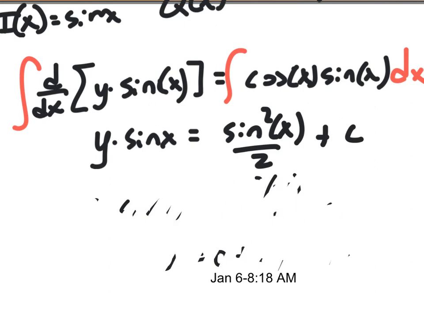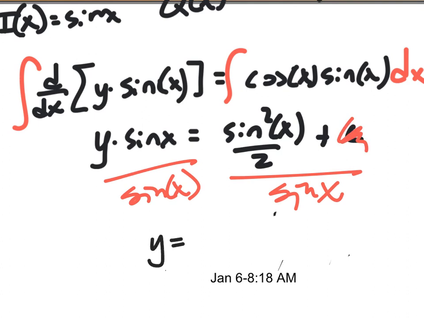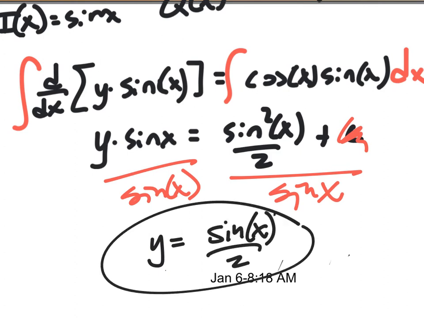So all we got to do in this case is just simplify for y. We're almost there, real close. For whatever reason, I can't erase that stuff. That's going to bother you and me. So let's divide both sides by sine x. Recall that c is 0, so it doesn't matter. So it looks like y equals sine of x over 2. Awesome.